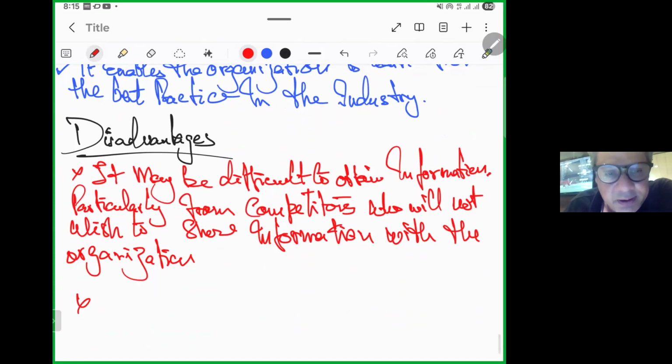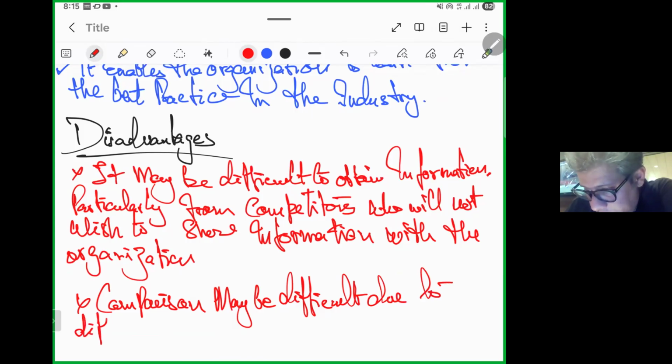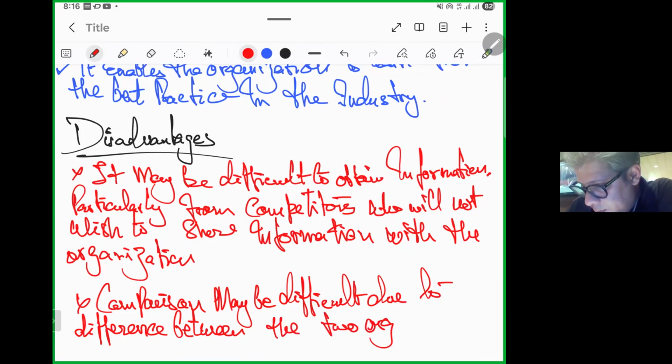Next, comparison may be difficult due to differences between the two organizations.